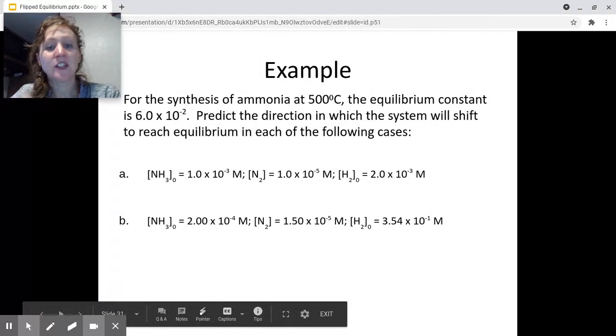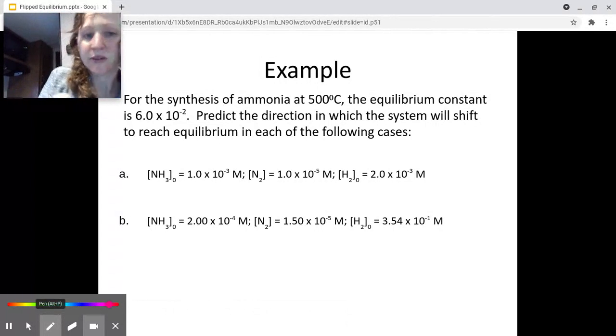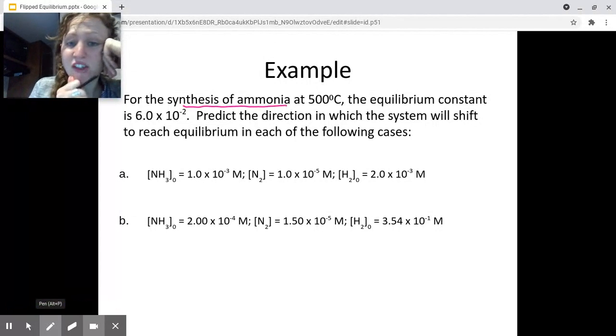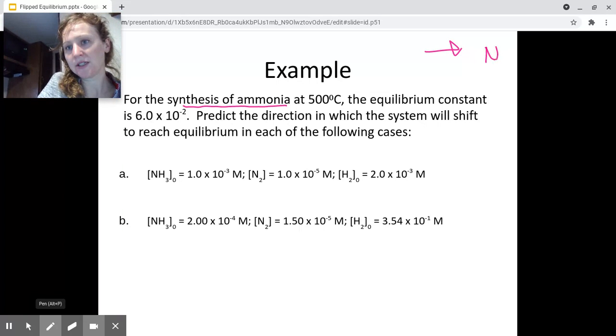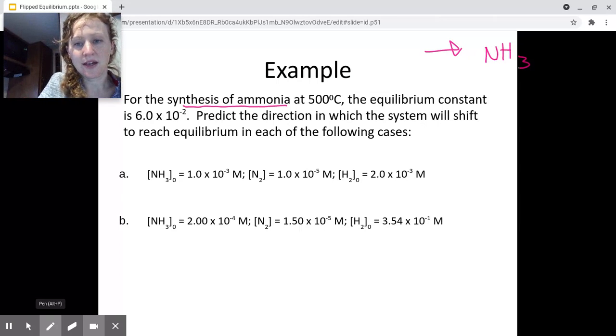Okay, so for example, here we have a very specific context. We have the synthesis of ammonia. So that tells you what your reaction is. If we're synthesizing ammonia, then ammonia is going to be on this side, right? It's being synthesized, it's being made. I'm assuming this is the Haber process. So we're going to go N2, H2.